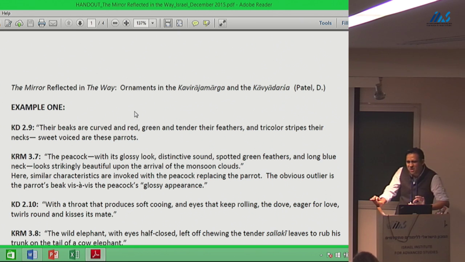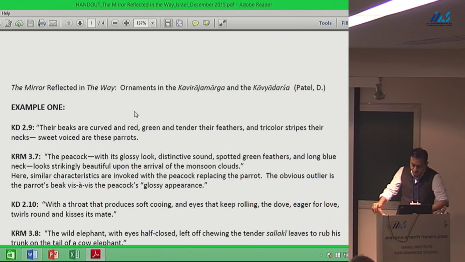Sometimes you have very minor differentiations, and this is not what I'm going to be dealing with. Certain names of the alankaras are different, or they're altogether left out. For example, Sri Vijaya lists samasta rupaka, a compounded metaphor, as a subtype of rupaka, which Dandin does not.